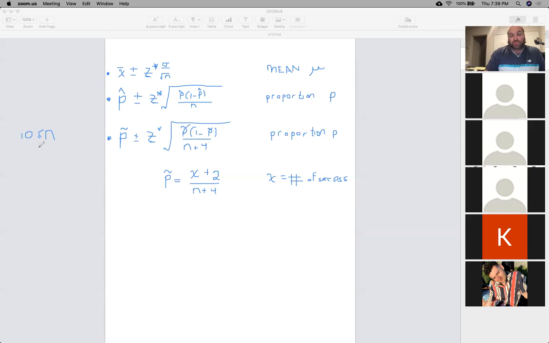Yeah, so we use this one when n is greater than or equal to 10. We use this one when n times p hat and n times 1 minus p hat are both greater than or equal to 10. So write that down, please.